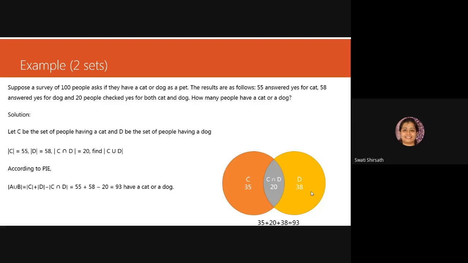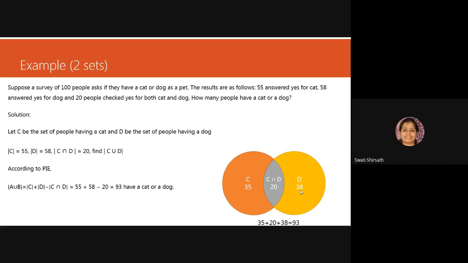Now the same thing we have to apply here for dogs. So what is the cardinality of dog? It is 58, and from 58 we will exclude C intersection D. Okay, 58 minus 20 is 38.